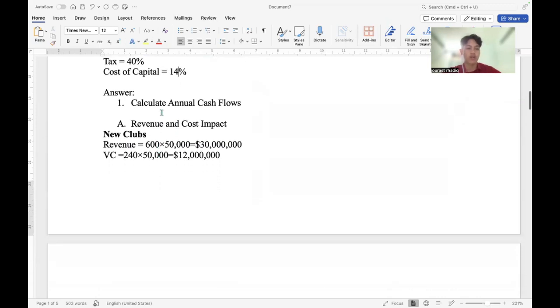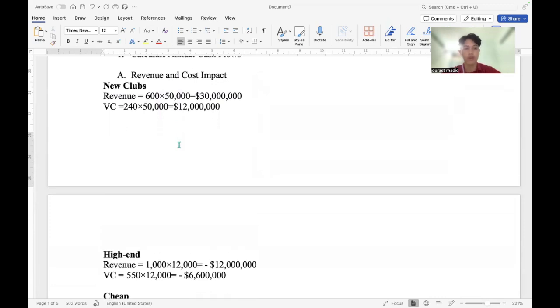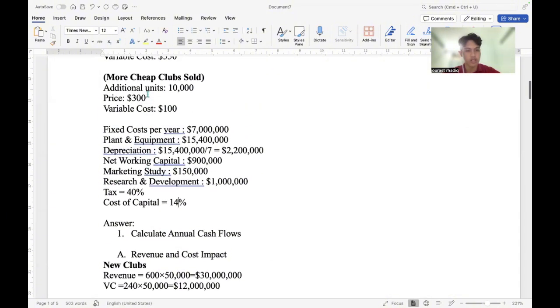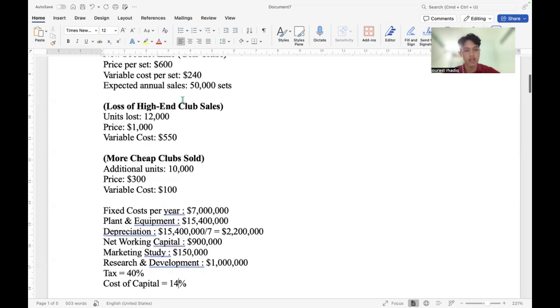The first one, we want to calculate the annual cash flow. So for this, we calculate one by one. For the new clubs, the revenue we can just calculate by the price times the expected annual sales.